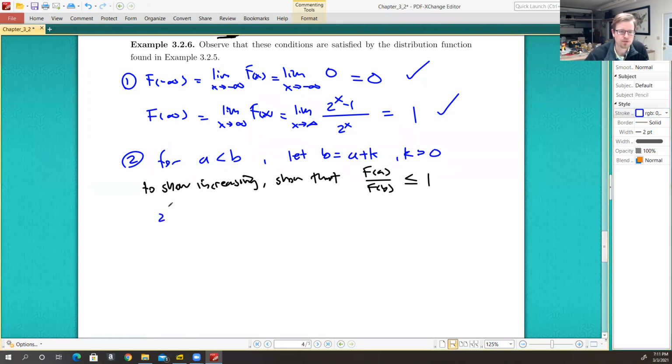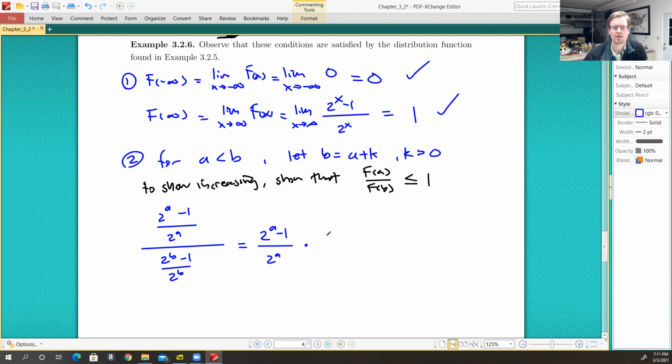So 2 to the a minus 1 divided by 2 to the a, that's f of a, divided by 2 to the b minus 1 divided by 2 to the b, that's f of b. Of course, when we divide by a fraction, that's the same as multiplying by the reciprocal. So this is 2 to the a minus 1 divided by 2 to the a, multiplied by 2 to the b divided by 2 to the b minus 1.